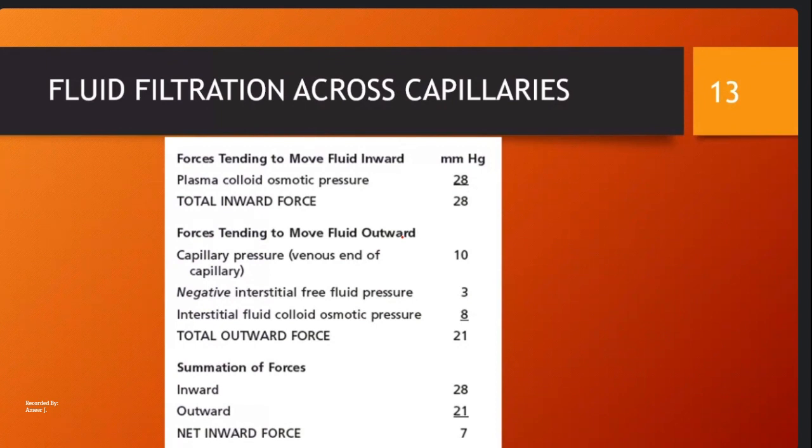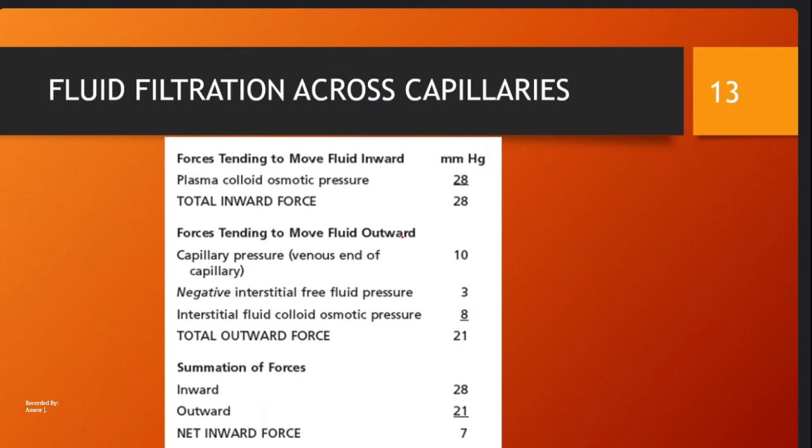Therefore, the capillary pressure in this area is reduced to 10. The negative interstitial fluid pressure is also the same, 3, and the interstitial fluid osmotic pressure is 8. Therefore, the total outward force at the venous end is 21.